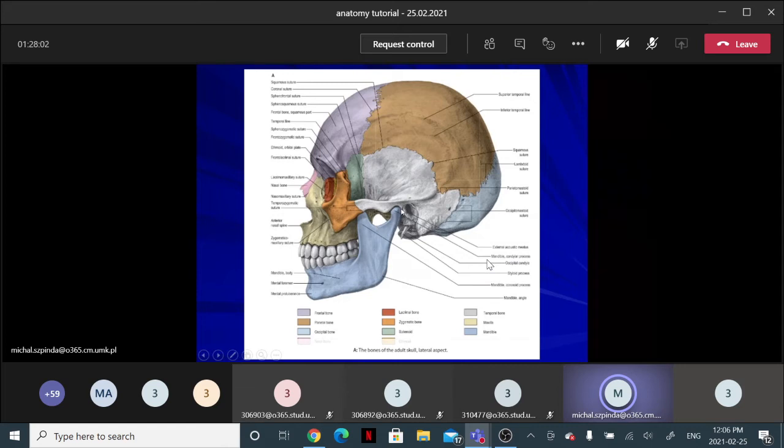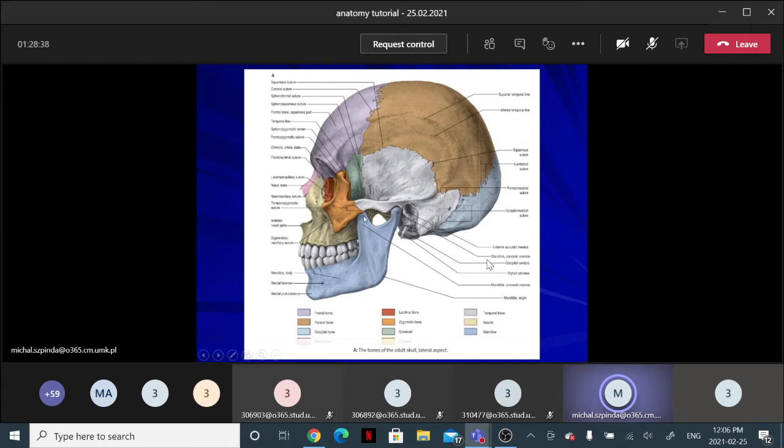And the posterior process is much more important because it bears the head of the mandible. As usual, the head is anteverted by some 30 degrees, like the humeral head, the femoral head, and the mandibular head are all anteverted.